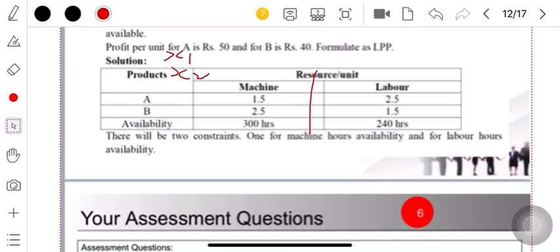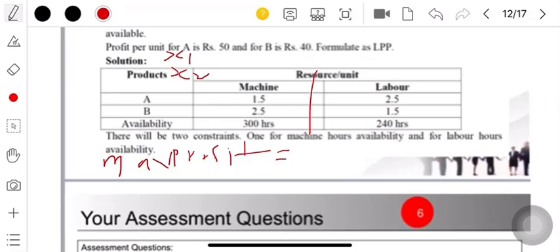So the total profit: maximize profit equals 50x1 plus 40x2, right? This is the objective function which needs to be maximized.